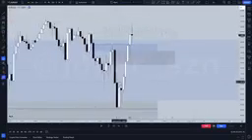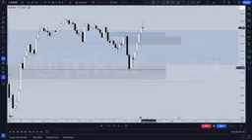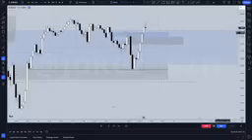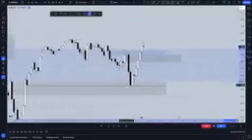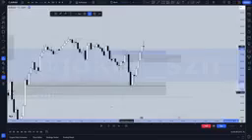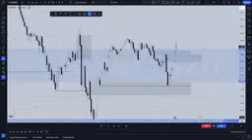So there we go. You can see how we use the breaker, the upper half here, as support, and then we trade up higher, right? But again, we are now out of kill zone, so we want to wait for New York and play a potential continuation, as we are now expecting that this is going to be the low of the day, right?